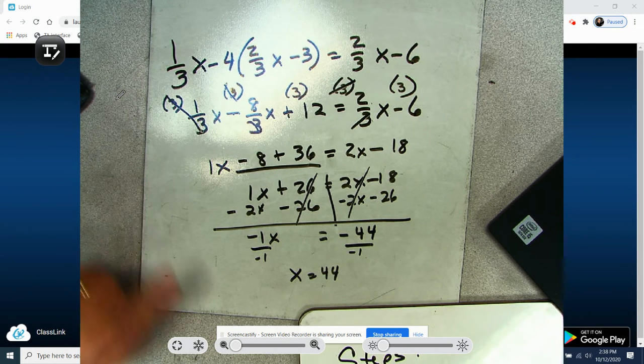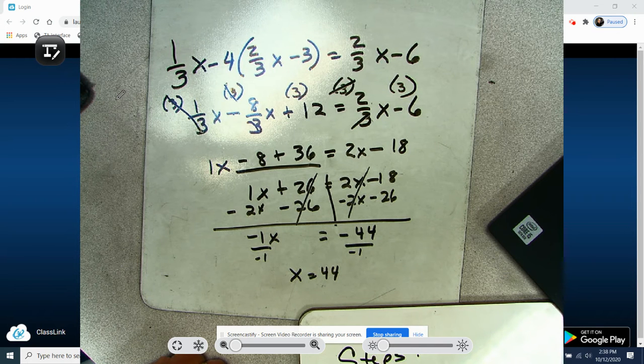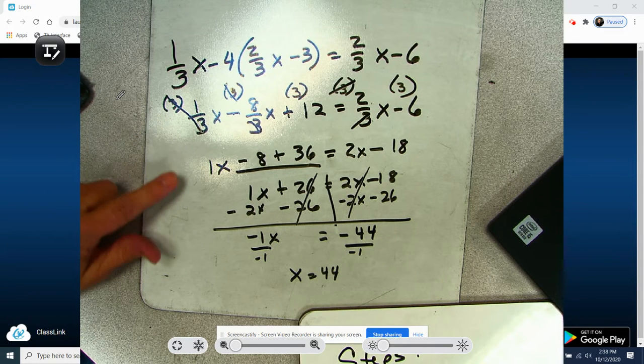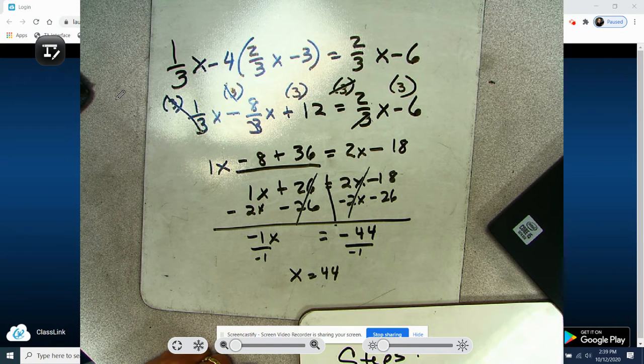Next, you're going to combine like terms, which is what we did here. Then you are going to add the opposite of the variable on the right to both sides of the equation.